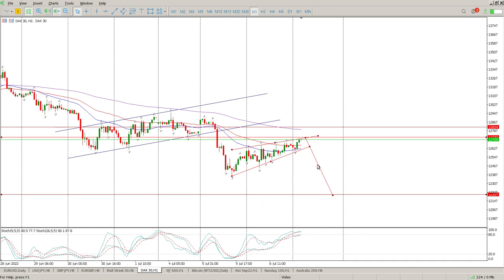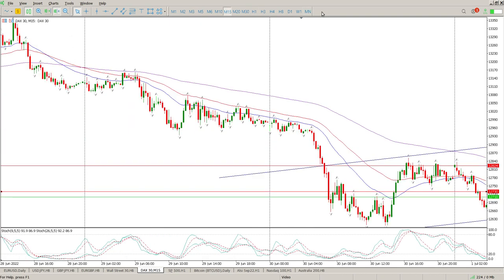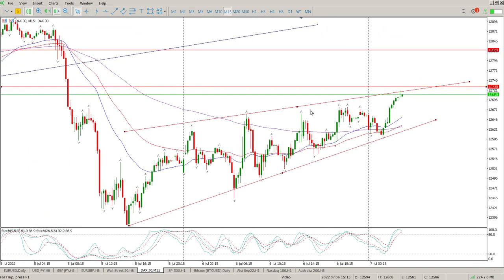So that is still the setup I'm looking at. I think there is a really decent short brewing, and look at the oscillators at the moment. So somewhere in this area is what we should be looking for. So all we need is a catalyst now to drive it.